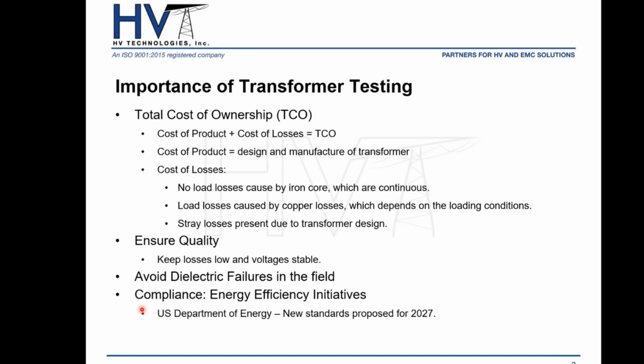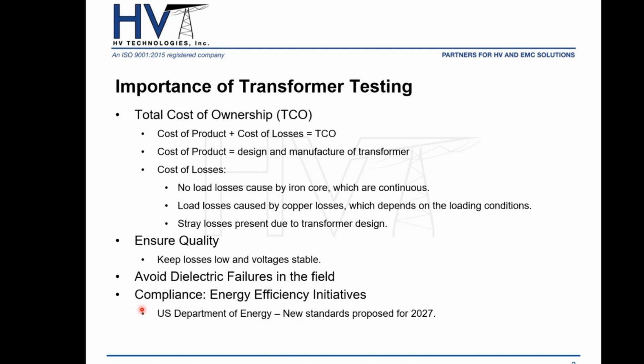And finally, as far as compliance, nowadays we have a requirement across the board for energy efficiency initiatives, where there are regulations that have manufacturers meet or exceed certain efficiency levels.